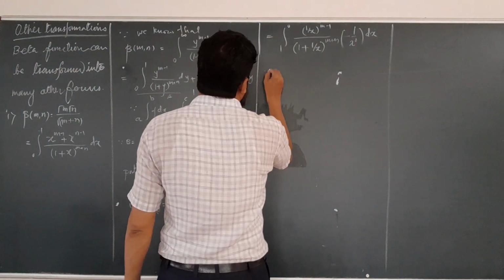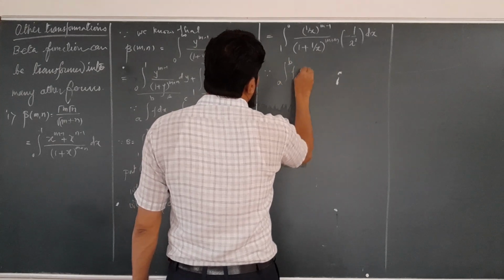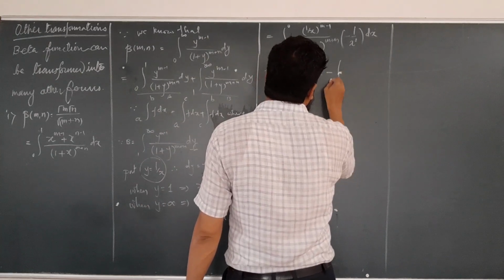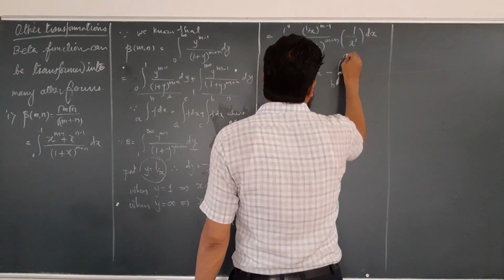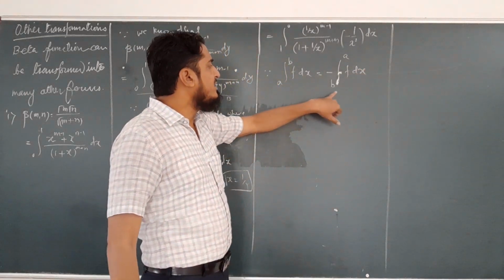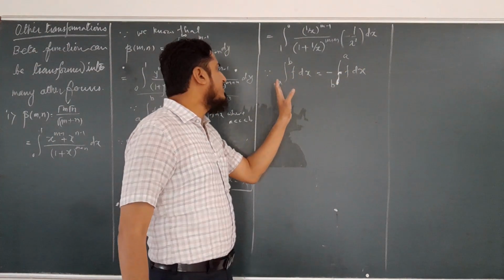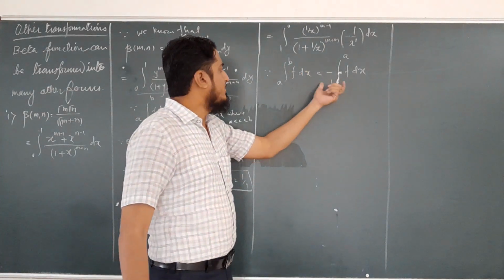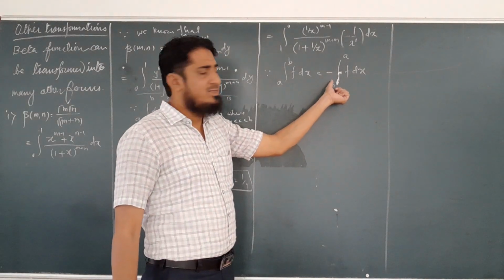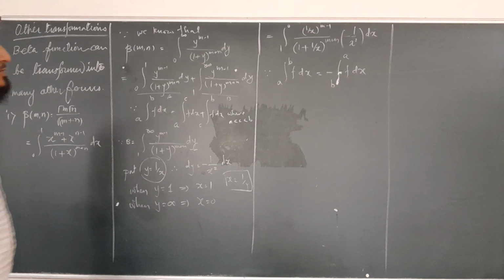Now, since we know that integration from a to b of f dx is always equal to minus integration of f of x dx with limits running in reverse order, b to a. Correct? Whenever we convert the lower limit to the upper limit, we have to set a minus sign with this integral to get an equal integral value.